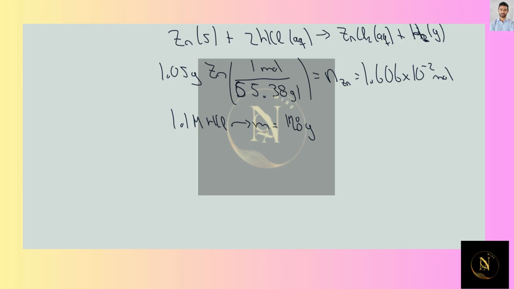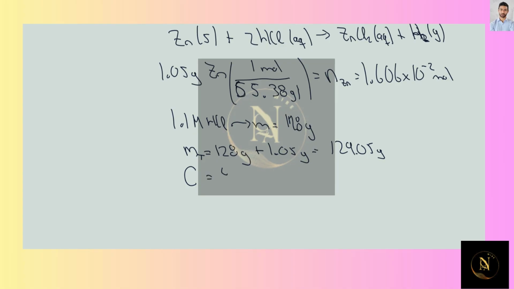Now, the total mass of the sample is going to be equal to 128 grams coming from the HCl that we added, plus 1.05 grams coming from the zinc that we had, and this is going to give us a total value of 129.05 grams.